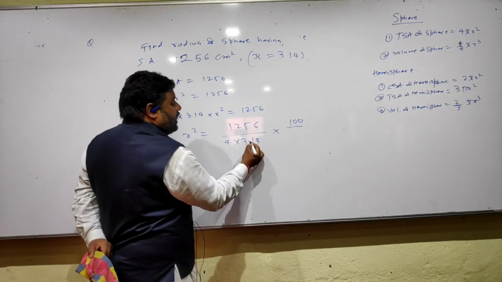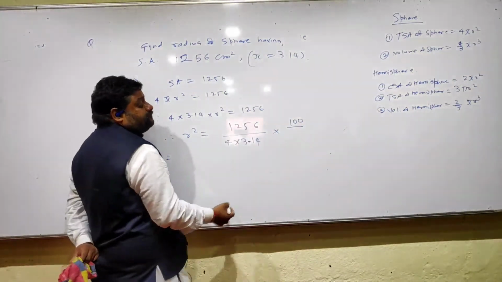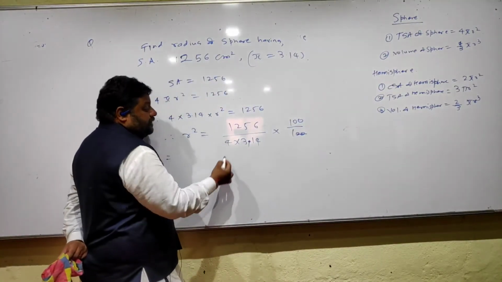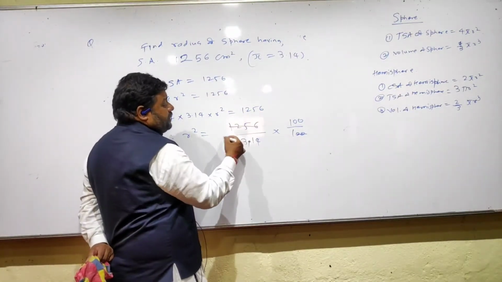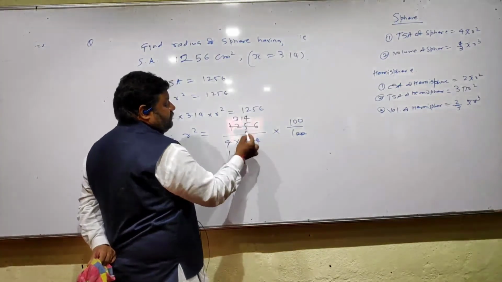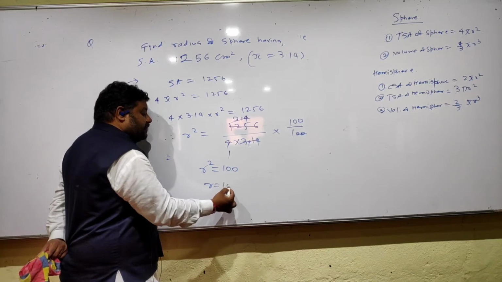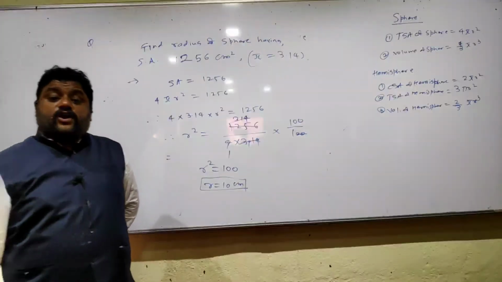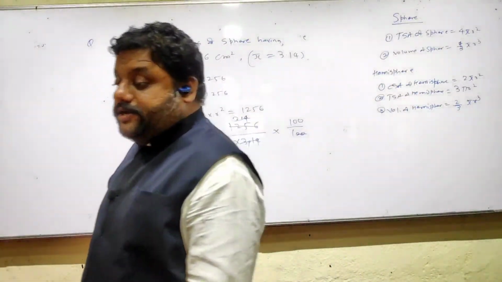Now there are 2 digits after the decimal, so we will multiply by 100 by 100. Here 100 is remaining: 1256 upon 4 into 314. If we divide by 4, 314 and 314 will cancel. R square is equal to 100, then R is equal to 10 centimeter. So the radius that we want to find out is 10 centimeter. Yes, make a video, pause and write it down.